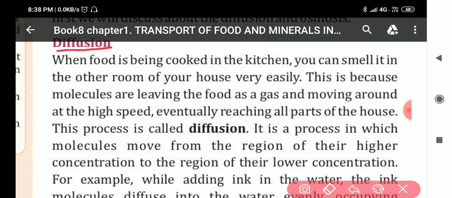For example, if you light an agarbatti in your puja room, you will see that the fragrance of the agarbatti is everywhere in the house. It is due to diffusion. So there are several examples of diffusion.